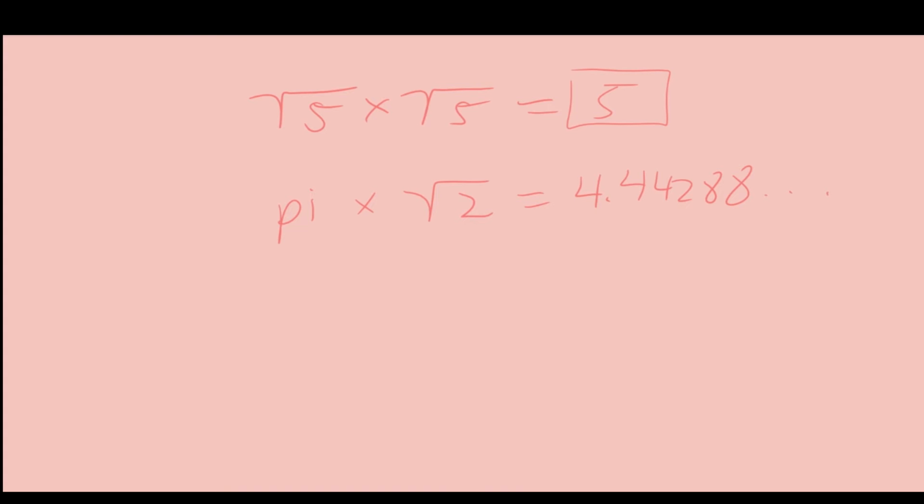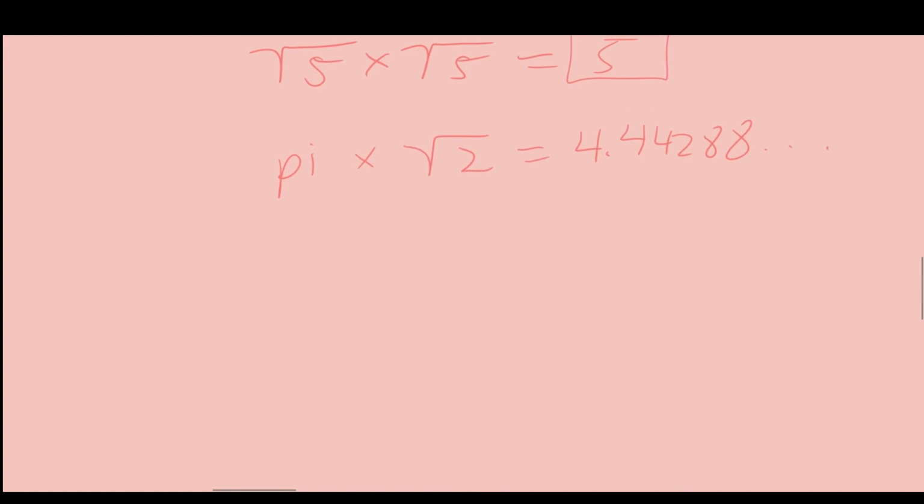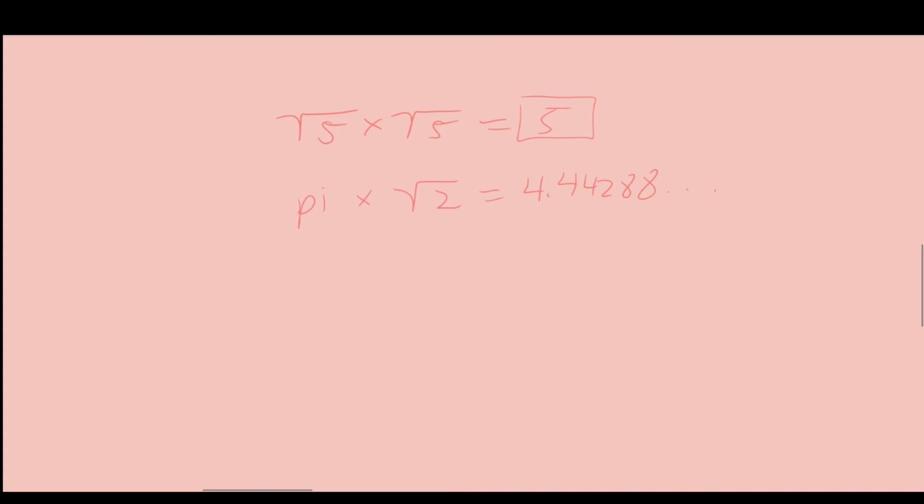It's not going to terminate or repeat, which means that this is irrational. So this is irrational, and this is rational. So as we can see in this case with multiplication, when you have two irrational numbers, the case can be made that the final value will be both rational and irrational.